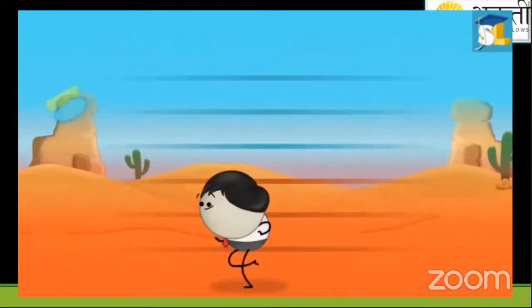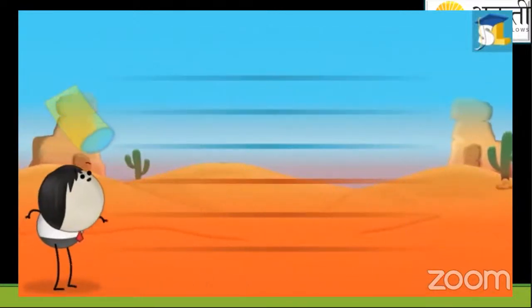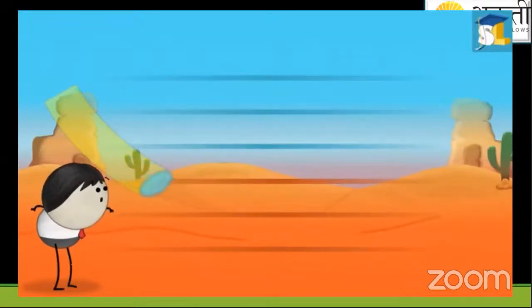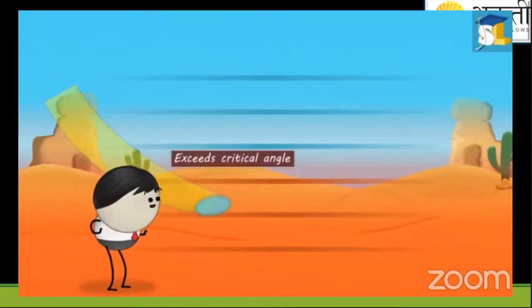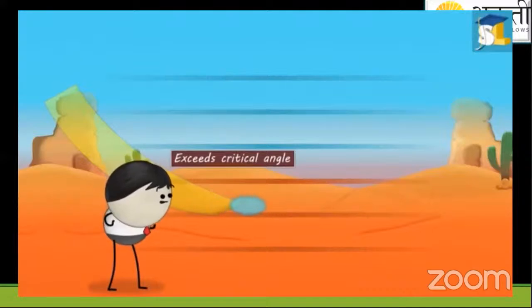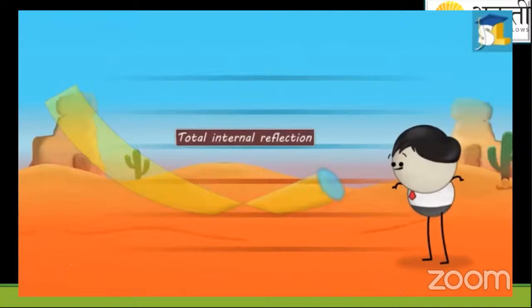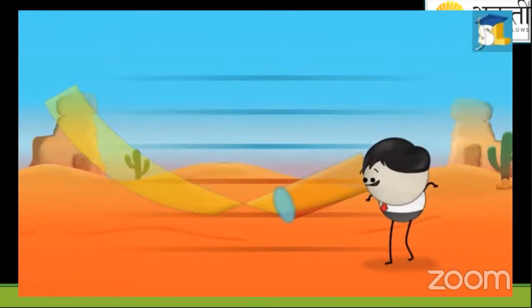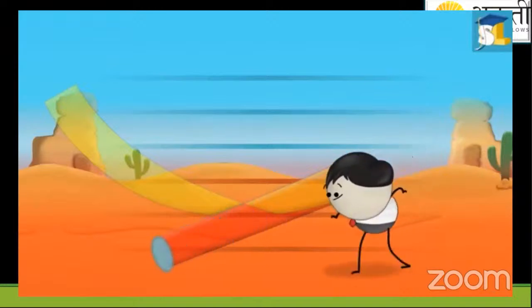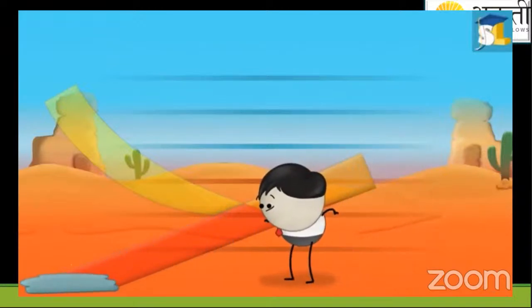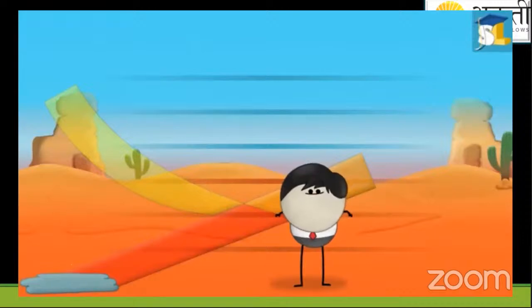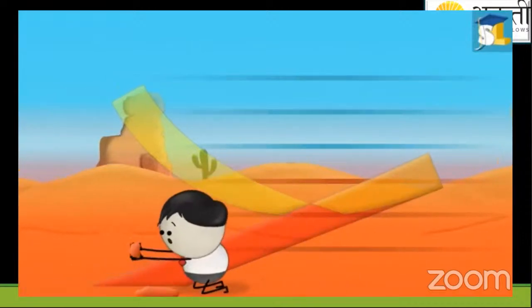Now, when light coming from the sky travels from denser to rarer media, it bends more and more until it exceeds the critical angle, that is, the angle beyond which light gets reflected. This phenomenon is called total internal reflection. When this reflected light reaches our eyes, we trace it backward as a straight line. Hence, the reflection of the blue sky appears on the ground and our brain thinks that there is water, thus causing a mirage.